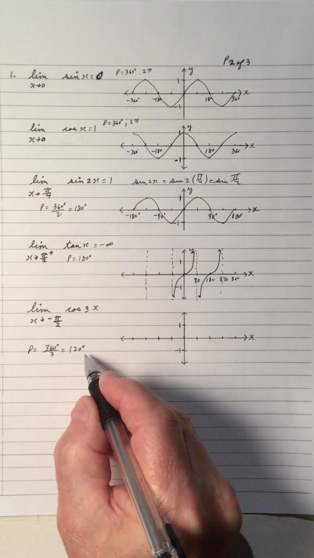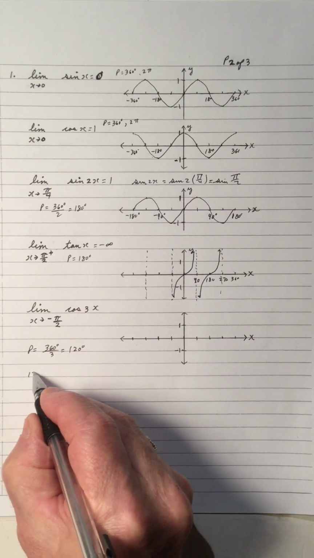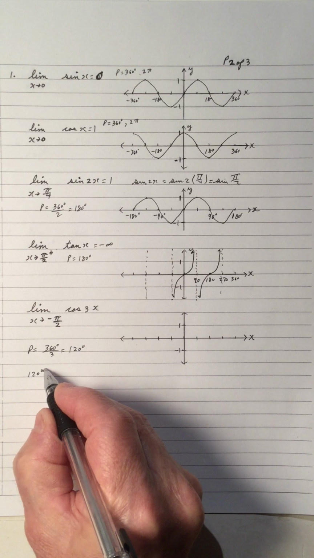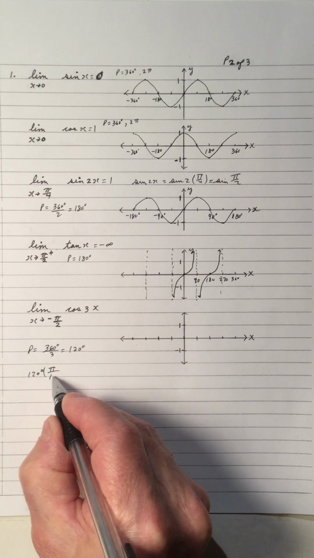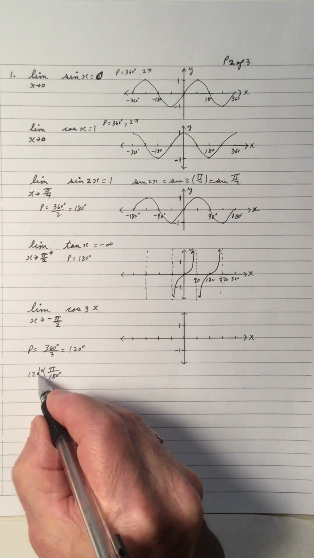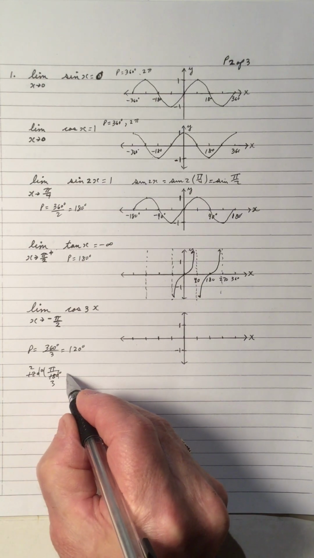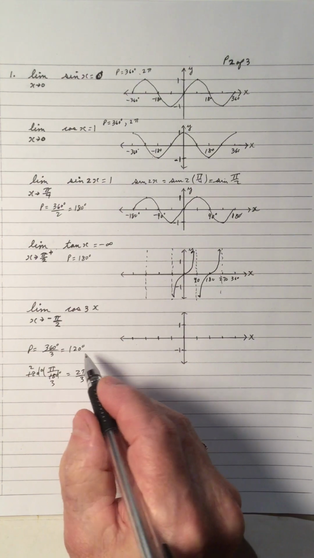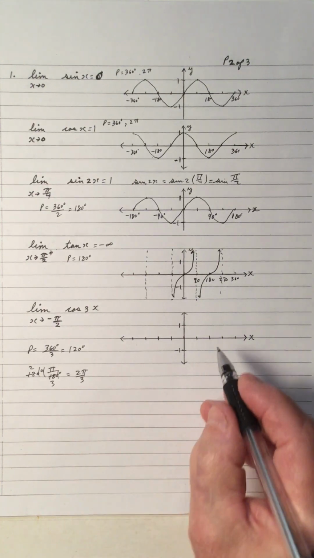So the period is 120, and we multiply by pi over 180. The zeros cancel. 6 into that's 2, 6 into that's 3. So 120 is 2 pi over 3. The period in degrees is 120, in radians is 2 pi over 3.